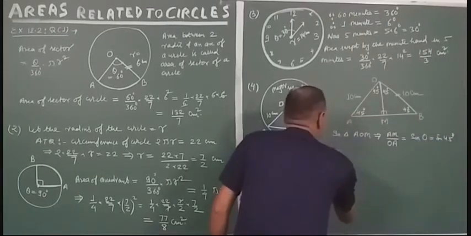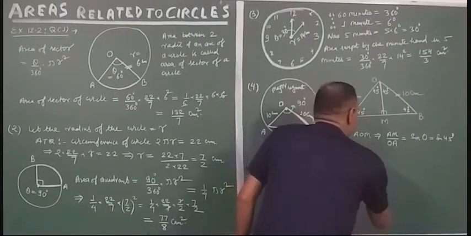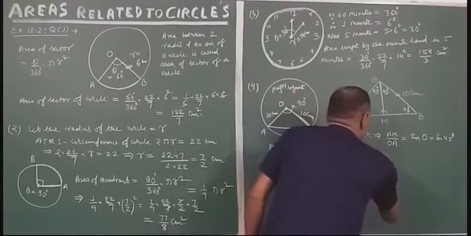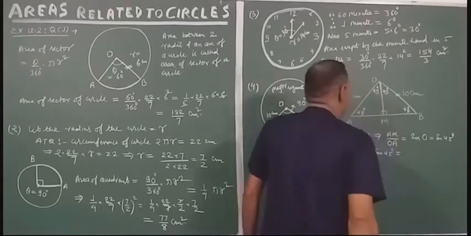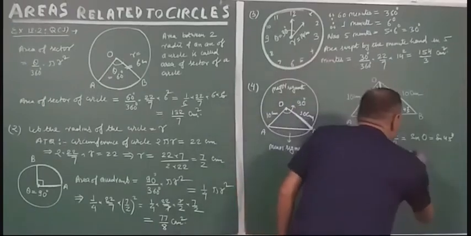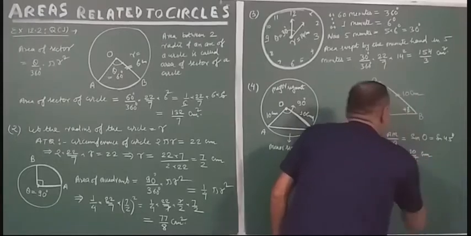So you can write AM is equal to OA into sine 45. OA is 10. So this will become 10 upon under root 2 centimeter.